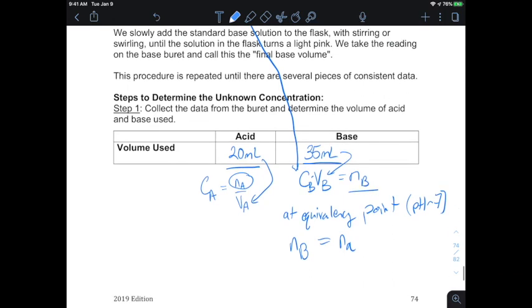So if we hit that color change right on the dot, then the number of base will be equal to the number of acid, and then we can work towards determining the concentration of acid. That will be our end goal. So that's how this sort of works. We have a standard solution that we know the concentration of, and we use it to determine an unknown concentration.